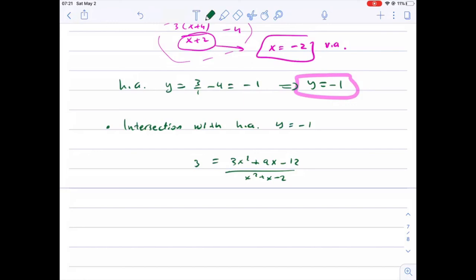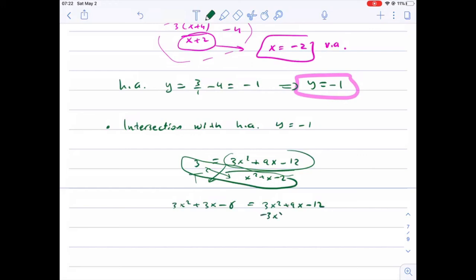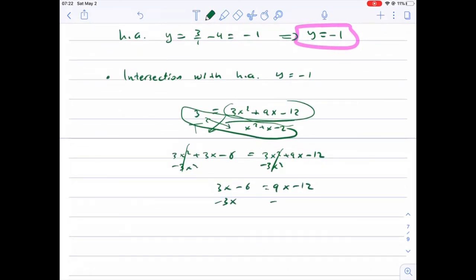And then we cross multiply these. So we get 3x squared plus 3x minus 6 equals 3x squared plus 9x minus 12. And then we subtract 3x squared from both sides to get 3x minus 6 equals 9x minus 12. And then we subtract 3x from both sides to get negative 6 equals 6x minus 12.